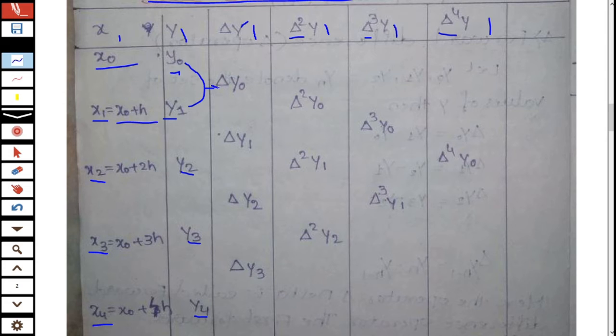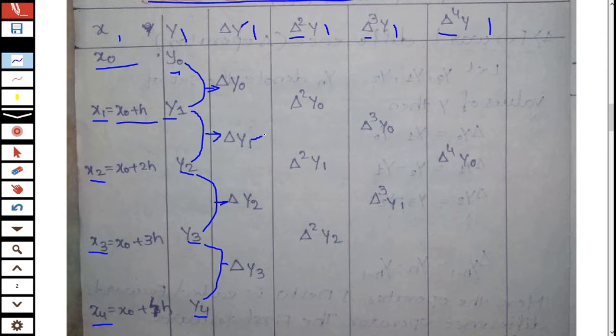So this is the delta y0 value. In the same way, y2 minus y1 gives delta y1, y3 minus y2 gives delta y2, and y4 minus y3 gives delta y3.